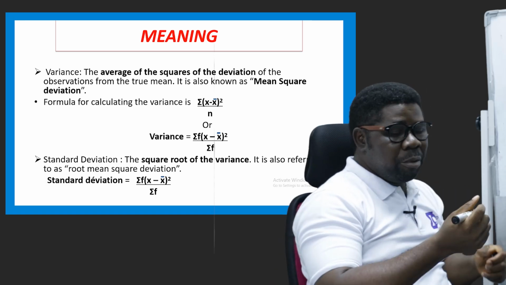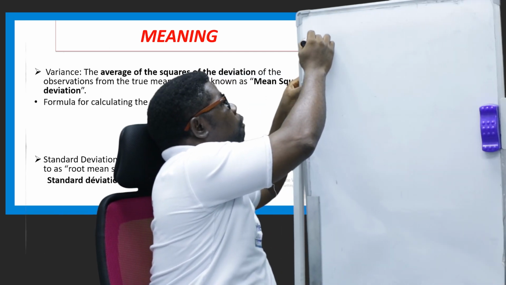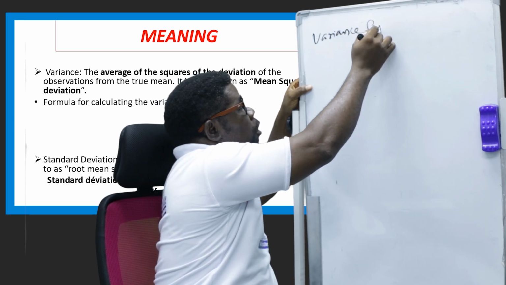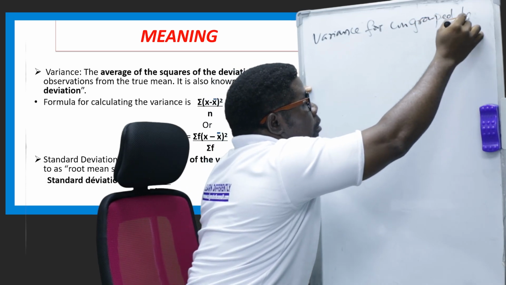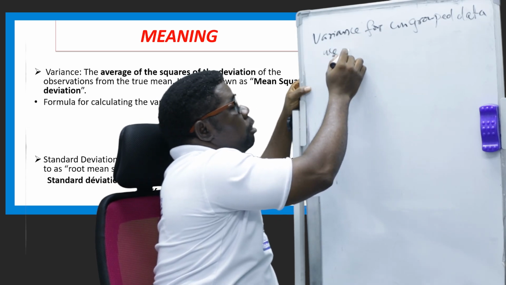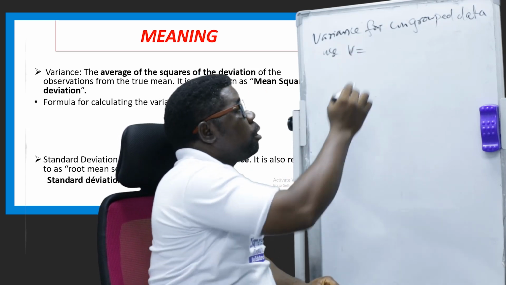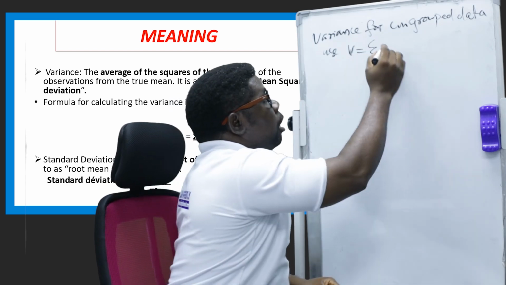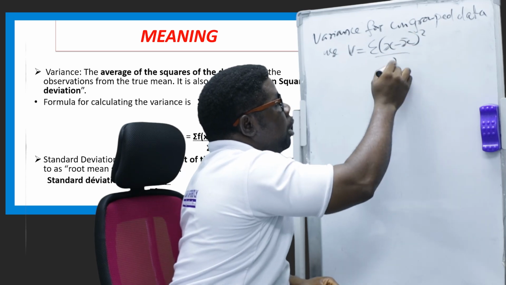X bar represents our mean. So for ungrouped data, we use V equals summation of (x minus x bar) squared over n.